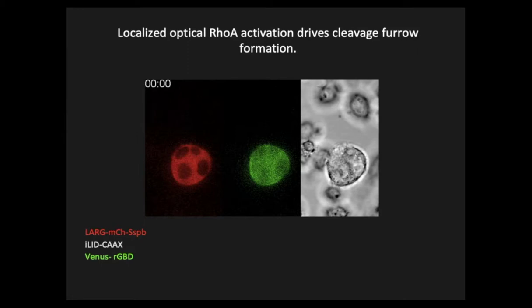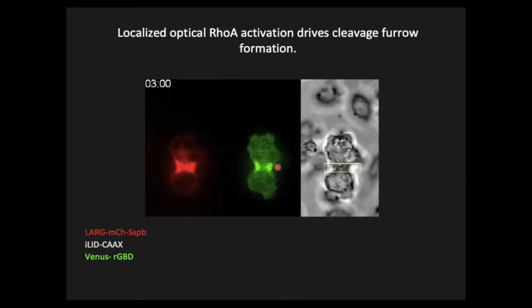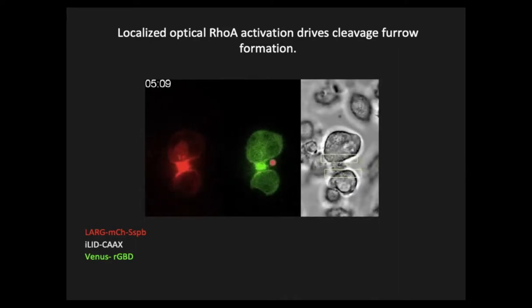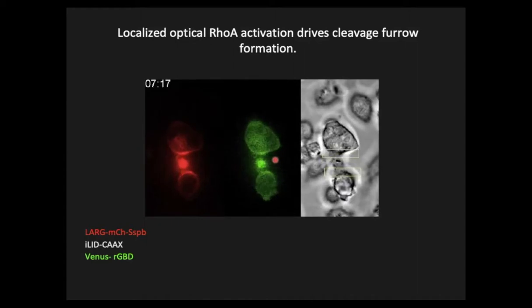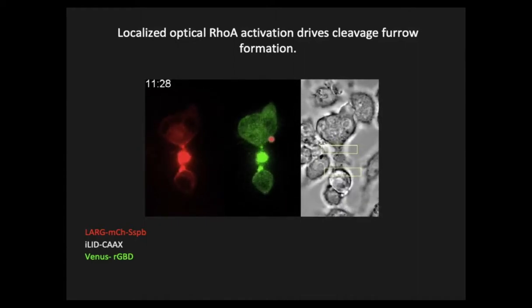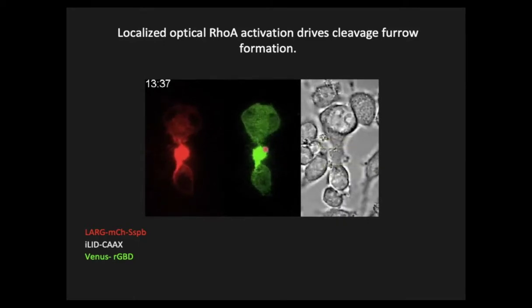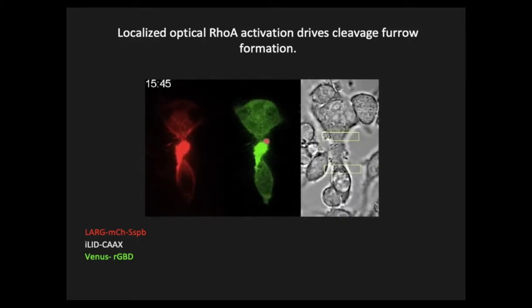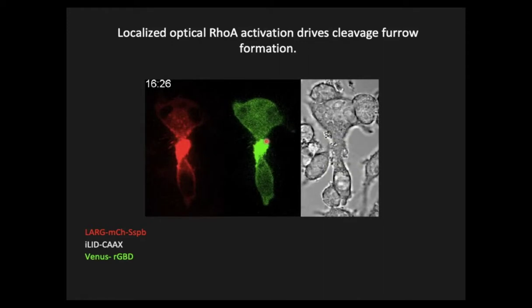In the movie, the red channel is our optogenetic construct, the green channel is our RhoA activity sensor rGBD, and you will see that after furrow formation, the rGBD is localized in the furrow region. This means that the furrow formation is because we photoactivate RhoA, and this is not a spontaneous event.